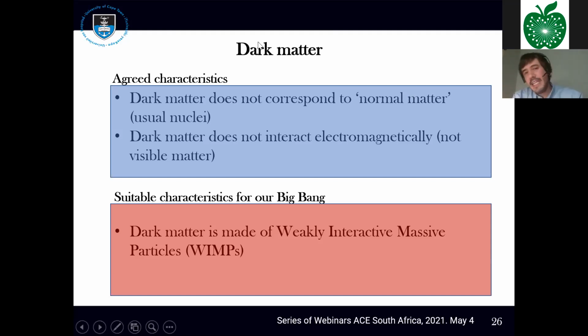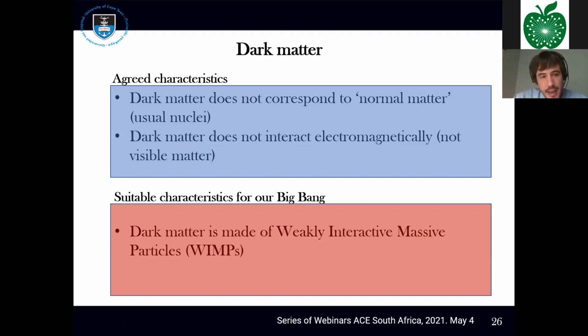Dark matter also has some other characteristics. Not everybody agrees on that, but they are suitable to fit in our Big Bang theory. One of them is that dark matter is made of weakly interactive massive particles.